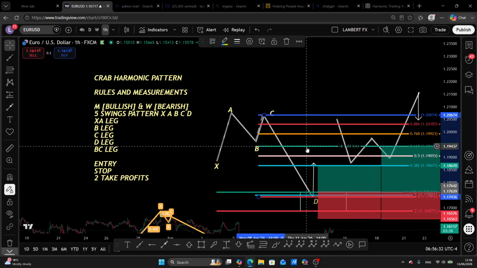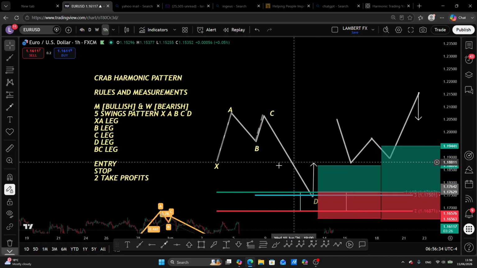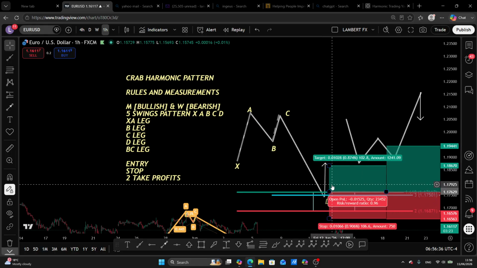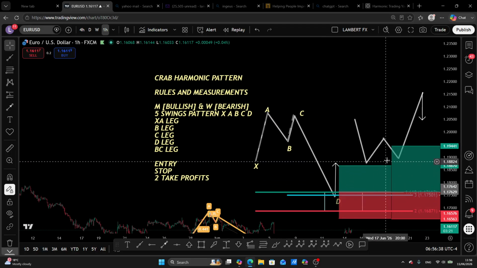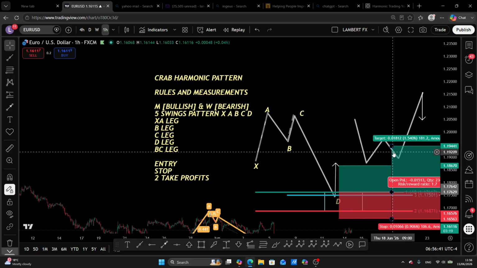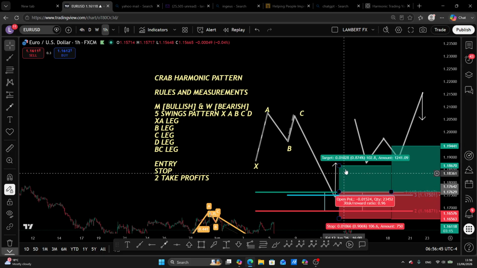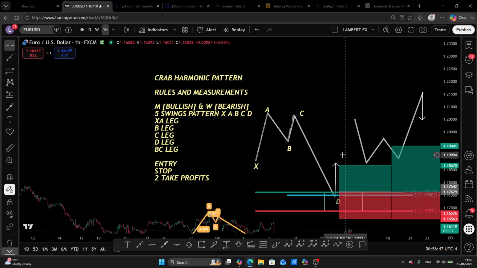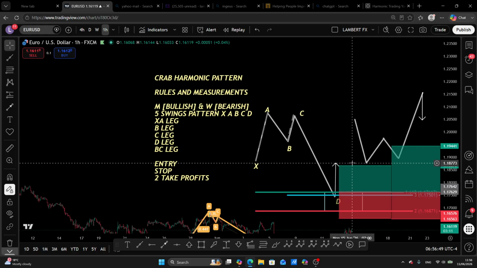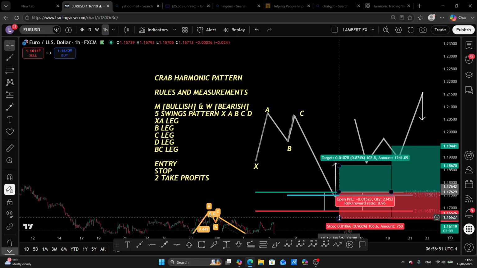So what I do is, once the first take profit is hit, and if I'm convinced that I'll get my 0.618 due to the way the market moved up, once 0.382 is hit, I'll move my stop to break even.